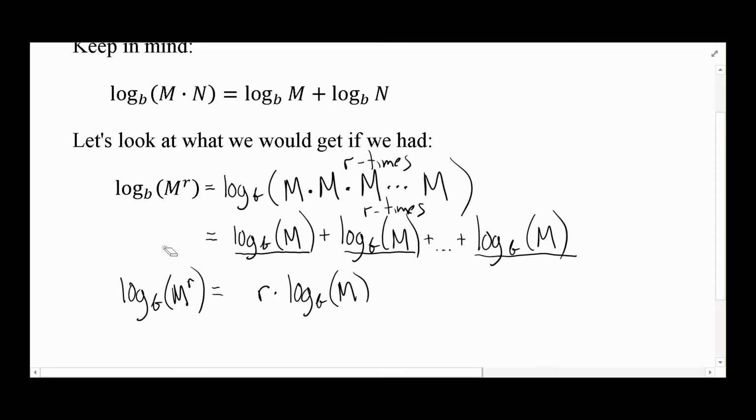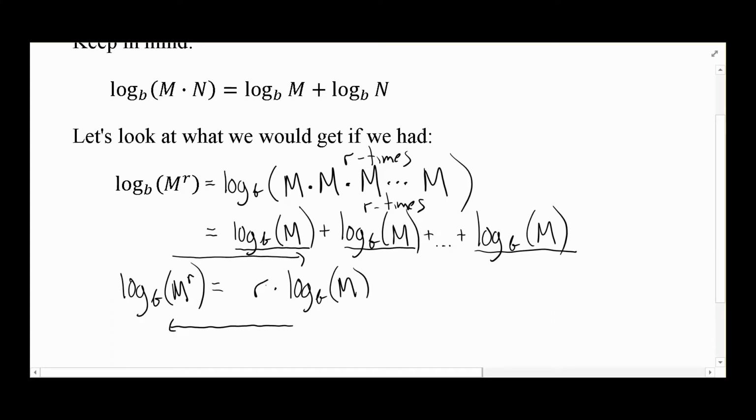Now, just like with the other rules, we could go either direction. So what I mean by this is if you have a coefficient in front of your logarithm, you could bring that coefficient up as a power if you really wanted to, if there's a need to. And we're going to look at situations where there is a need to. Or the other direction is if you've got this exponent up there and you don't want an exponent, you can bring it down in front as a coefficient.